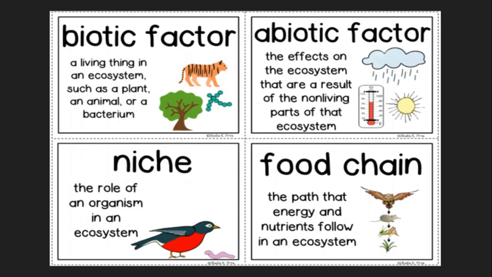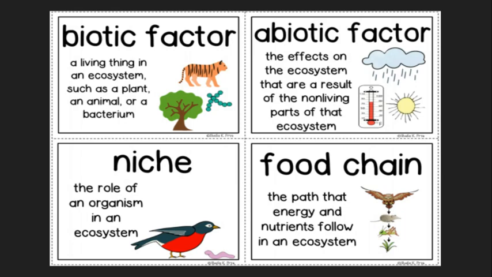So biotic factors are alive. Abiotic factors are non-living parts of the ecosystem. So things like temperature, the sun, rain, rocks, those are abiotic factors. They're non-living parts of the ecosystem. So those are the differences between biotic and abiotic factors.